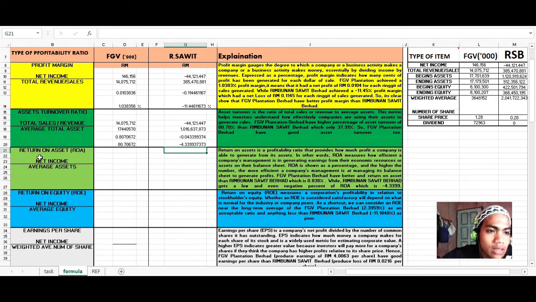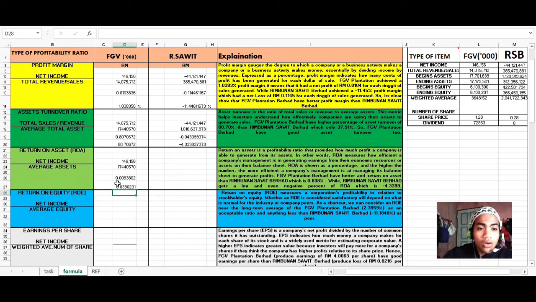The third ratio is return on asset, we call it ROA. Net income divided by average asset. So net income we take from this, and then divide by average asset. Average asset we take from before, and then we divide it. We times 100.